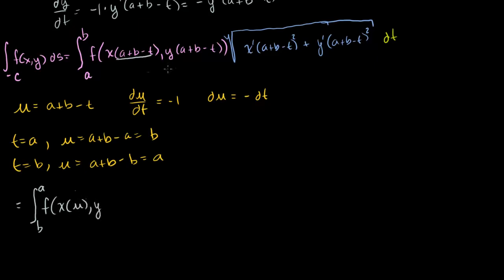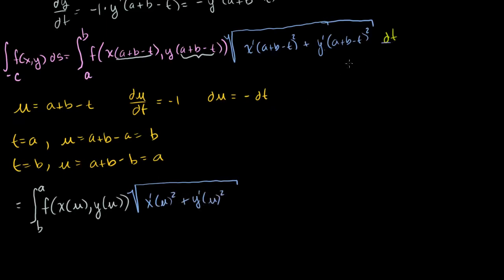And y of this thing right here is just y of u, times the square root of x prime of u squared plus y prime of u squared.